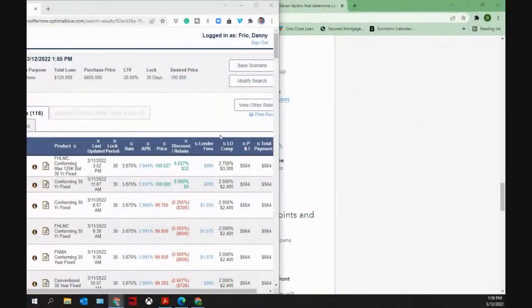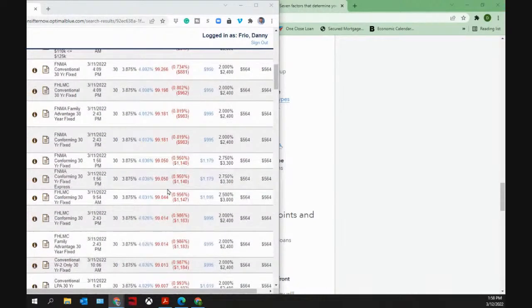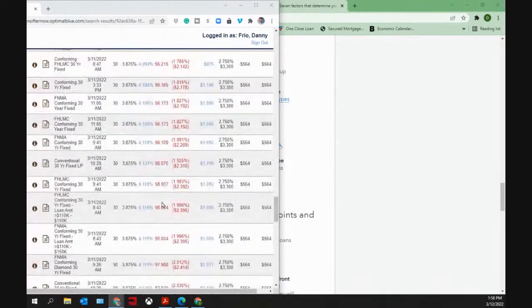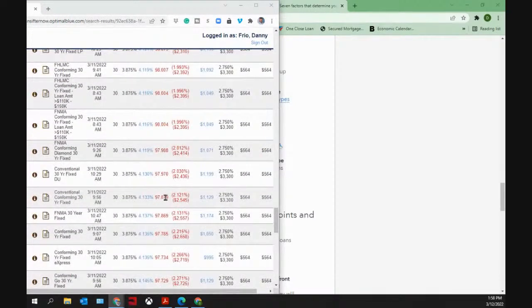Okay. So again, let's look at the variance here. You have this company that would do 3.875 and, if you can see this close, it would give you $32 back in a credit. But if you go down here, it's the exact same loan and the exact same criteria. This lender down here, everything's the same.